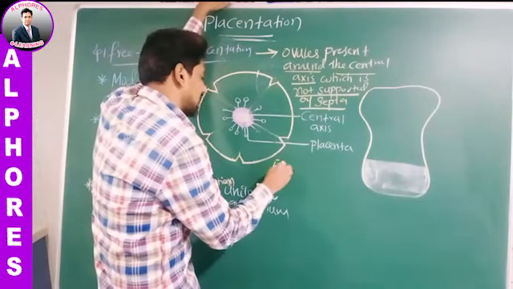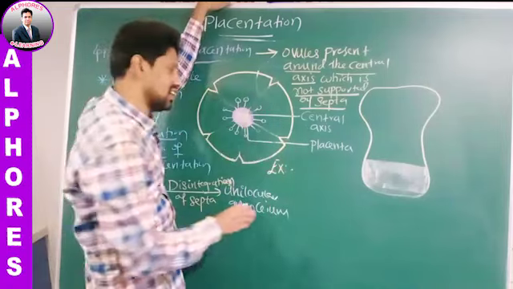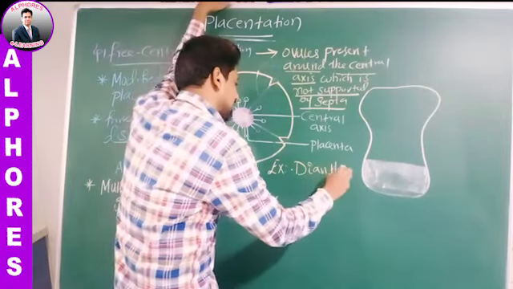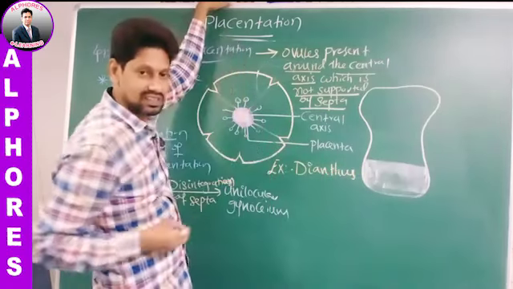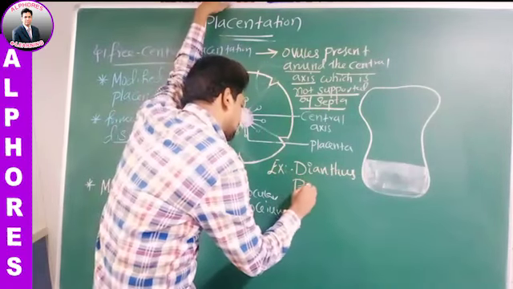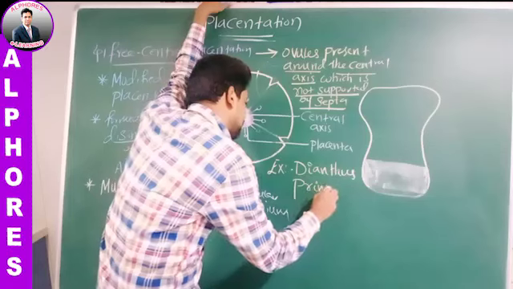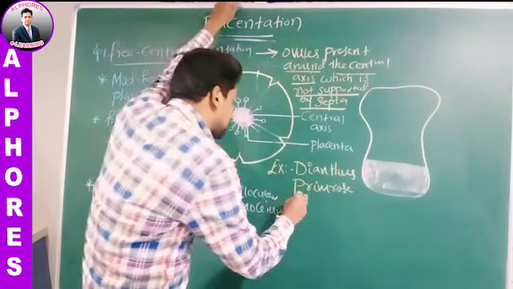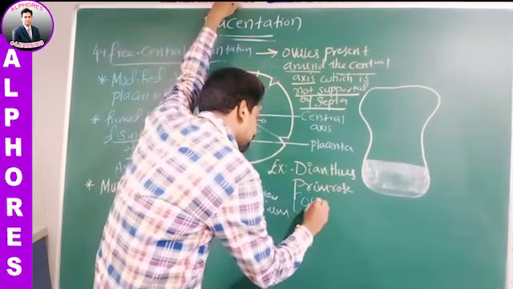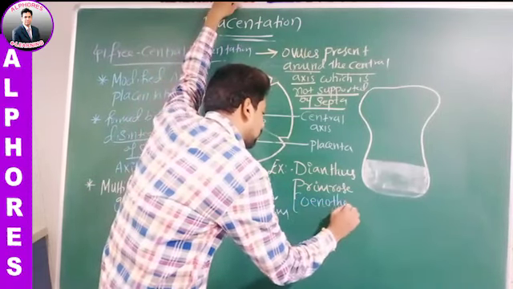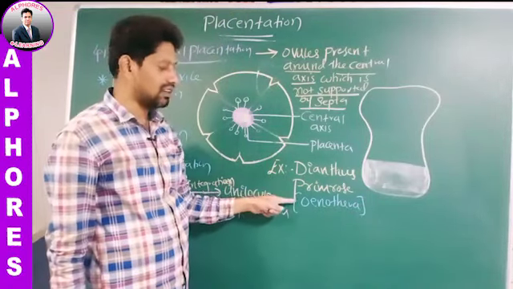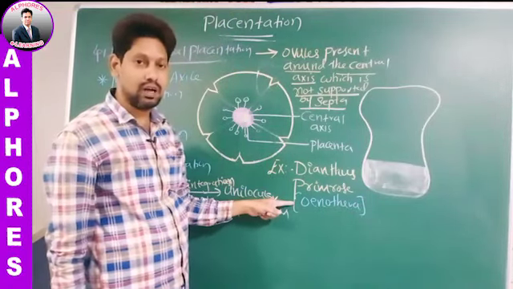Examples of free central placentation. The first one is Dianthus. The second one is primrose, P-R-I-M, primrose. This primrose is also called Oenothera.